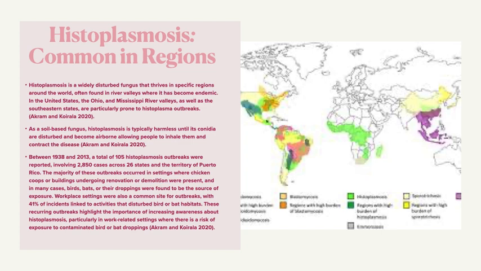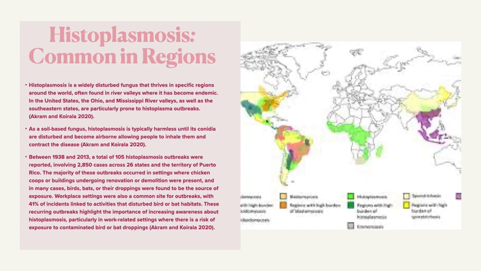Between 1938 and 2013, a total of 105 histoplasmosis outbreaks were reported, involving 2,850 cases across 26 states and the territory of Puerto Rico. The majority of these outbreaks occurred in settings where chicken coops or buildings undergoing renovation or demolition were present. In many cases, birds, bats, or their droppings were found to be the source of the exposure.